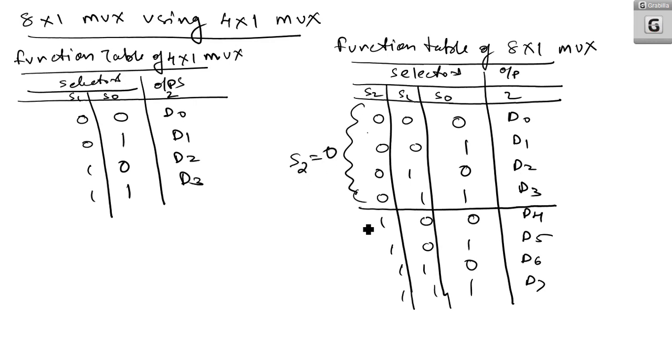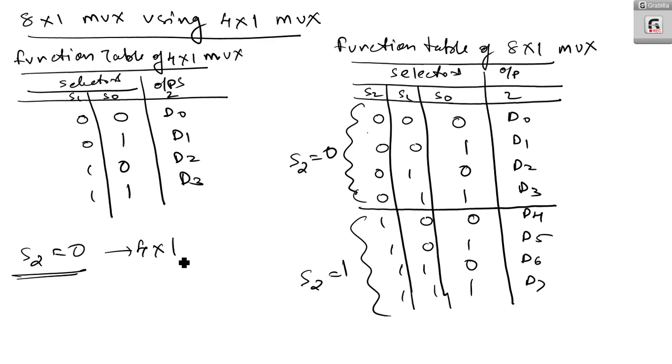S2 is equal to 0. Here S2 is equal to 1. Here when S2 is equal to 0 and I am keeping a 4x1 mux, then I will get D0 to D3. And similarly, keeping S2 equal to 1, and in that if I am keeping a 4x1 mux, then I will get D4 to D7.